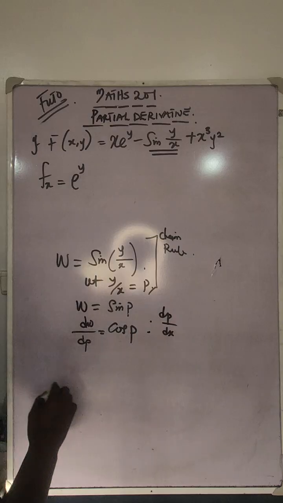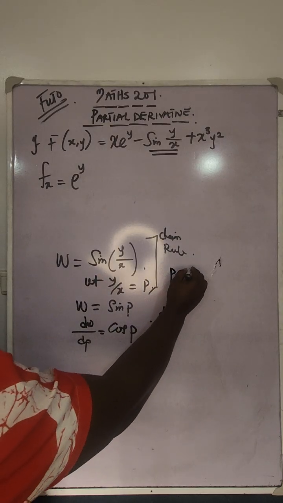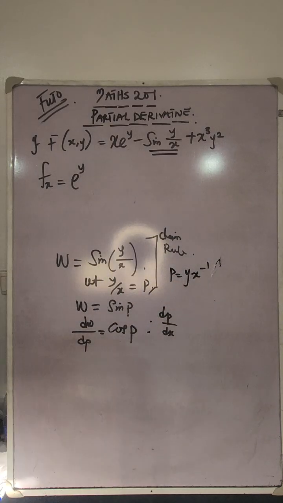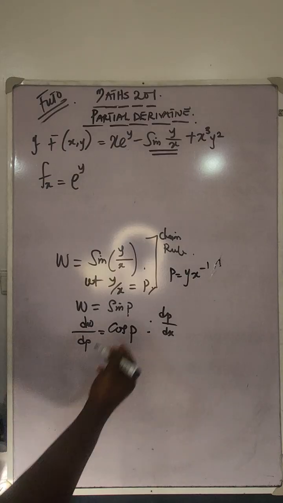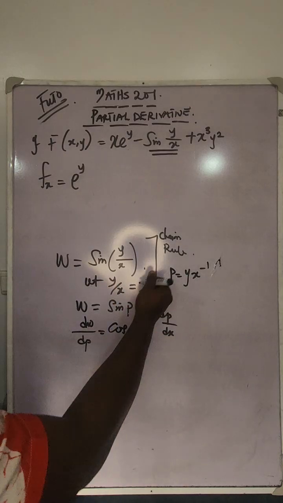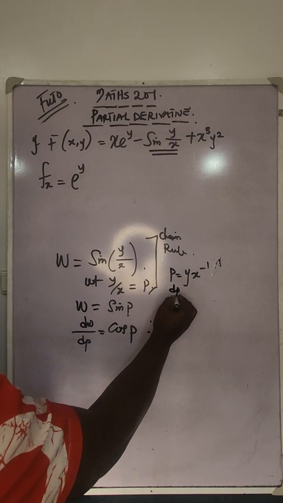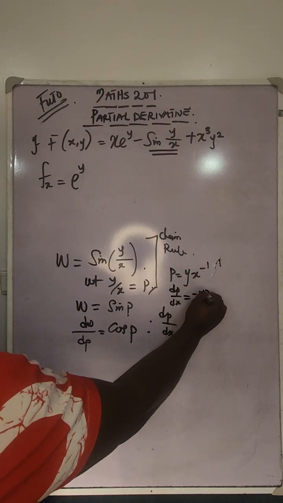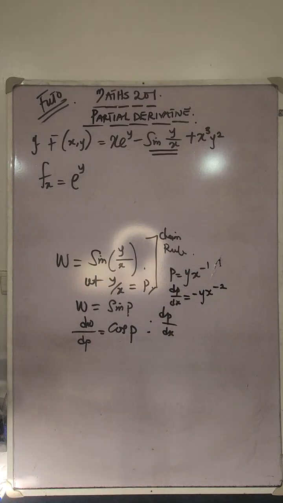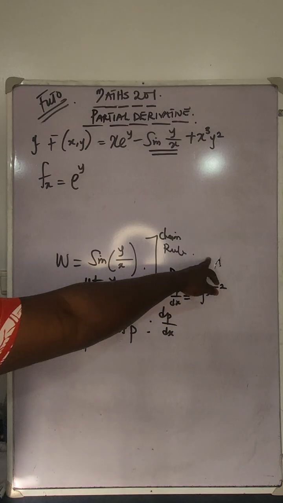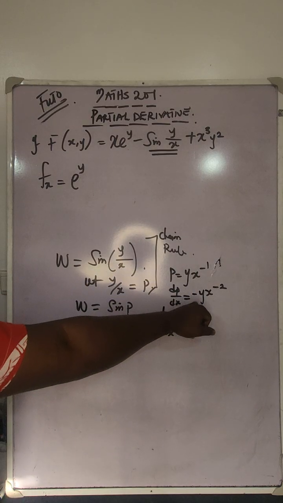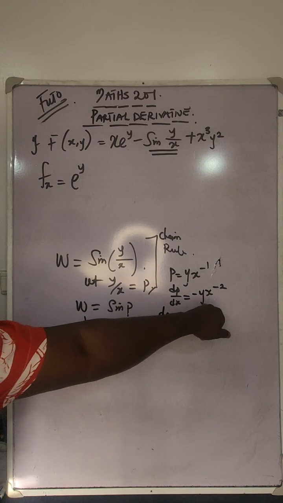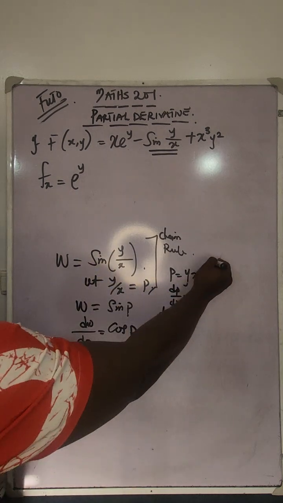Remember that p is the same thing as y x to the power of minus 1, right? So if you are saying dp/dx, it will be minus yx to the power of minus 2. What happens here is that the minus 1 goes down, so minus 1 multiplied by y is minus y, and then you borrow 1 upstairs.